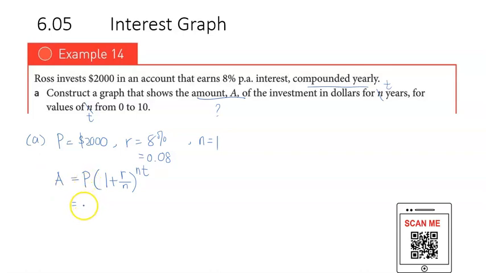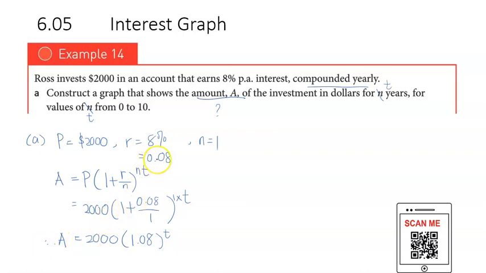The P value over here is 2000. So 1 plus your R 0.08 divided by compounding period 1, to the power of t. You just have to simplify, so you get 1.08 to the power of t. So this will be your formula.